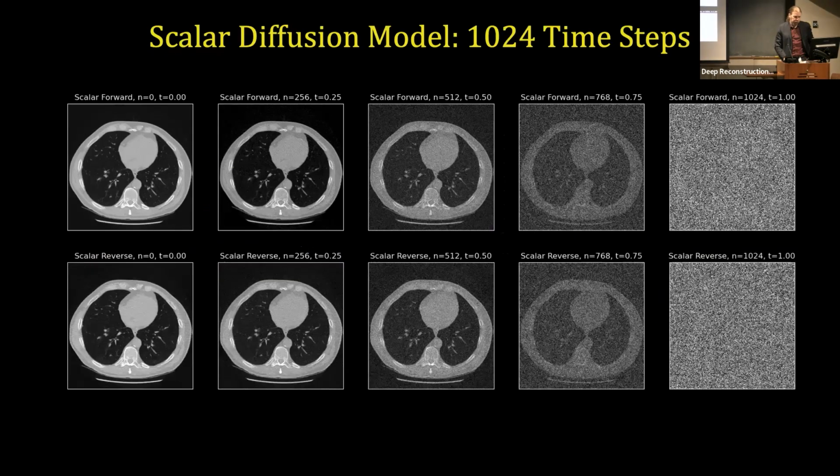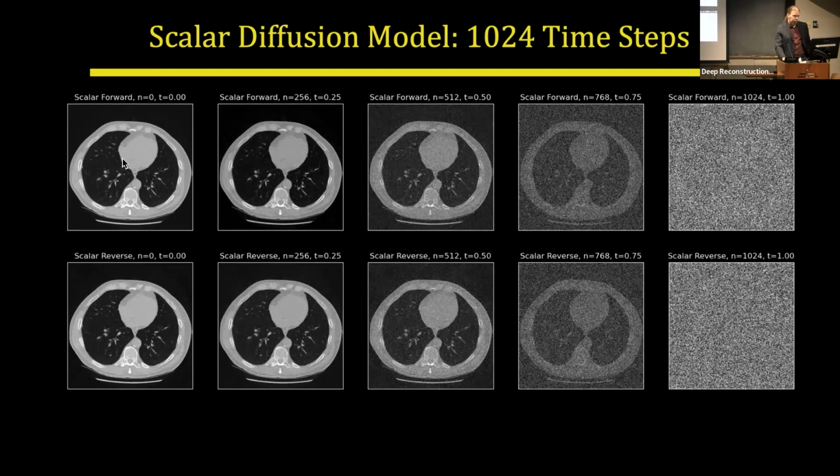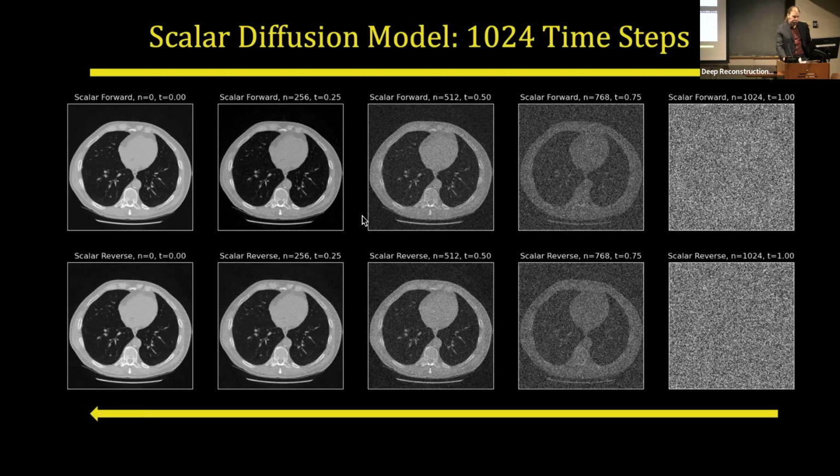So if we look at the scalar diffusion model, showing a sampling of 1,024 time steps as we go from the truth to the noise image, the reverse process goes this way. We can see there's good matching between those time steps in the forward and reverse.